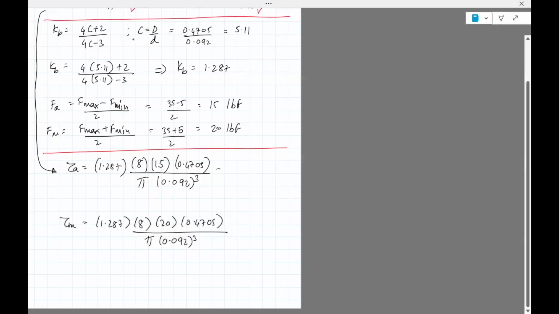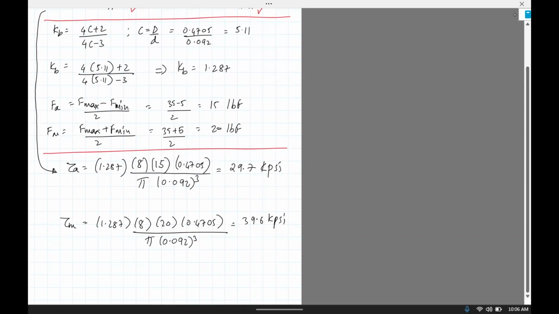Okay, it's a bit of calculation, but tau A I get 29.7 kpsi, and tau M is 39.6 kpsi. So why were we even computing tau A and tau M? Well, because the Gerber criterion requires us to compute tau A and tau M. That's why we did all this calculation.